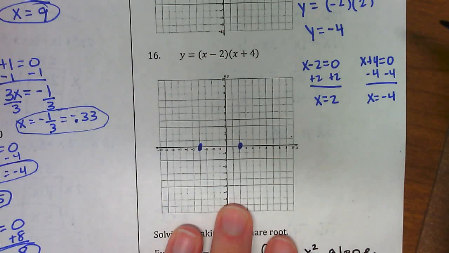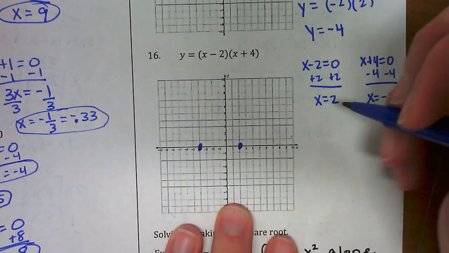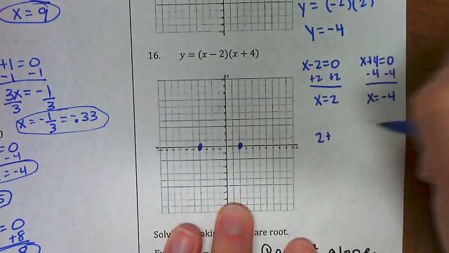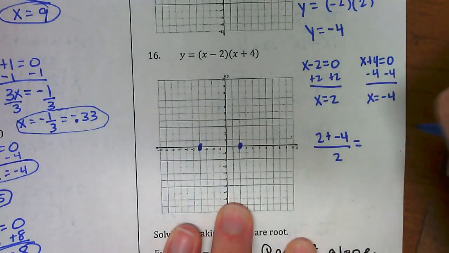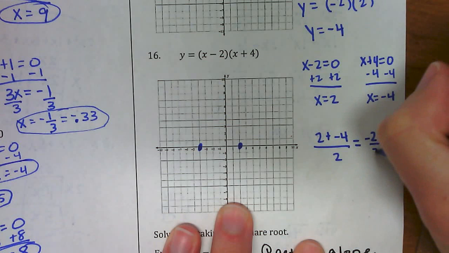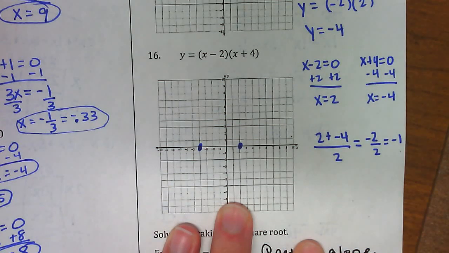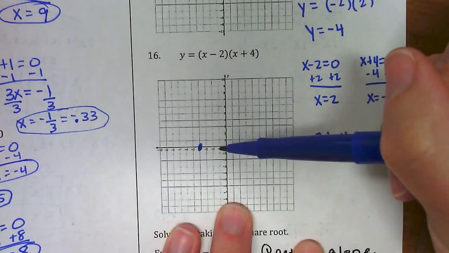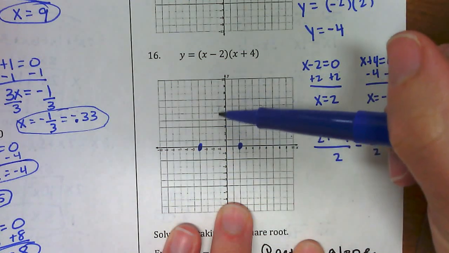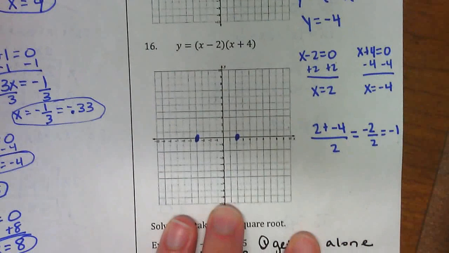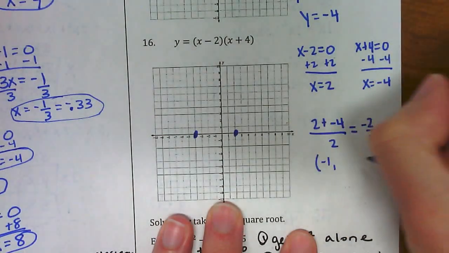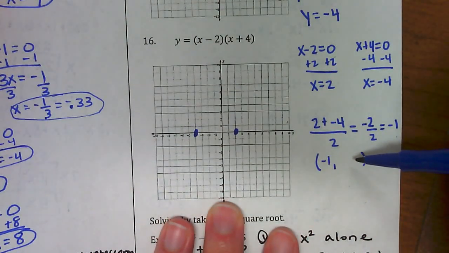Now I need to find my vertex. My vertex is halfway between my intercepts. So I add them up and I divide by 2 because that's going to give me my average. I get that it happens at -1. So somewhere along this -1 line is going to be my vertex. To find out exactly where, I have to get my y value.